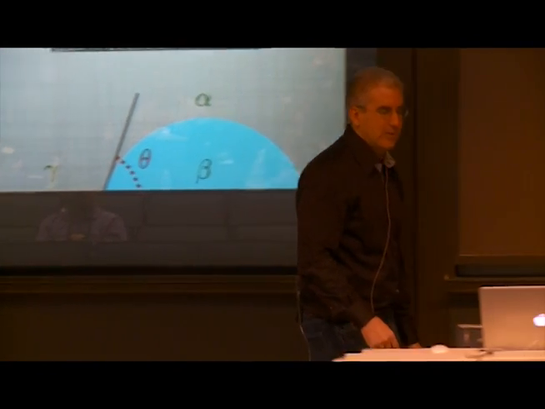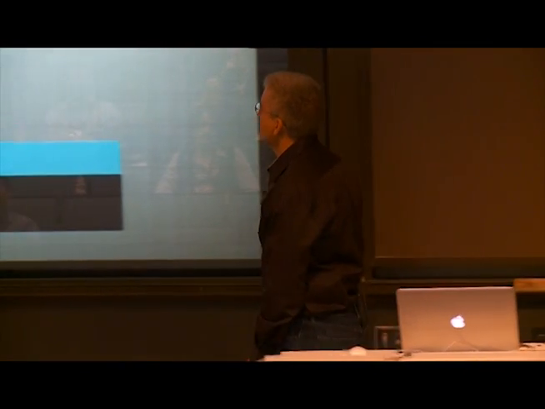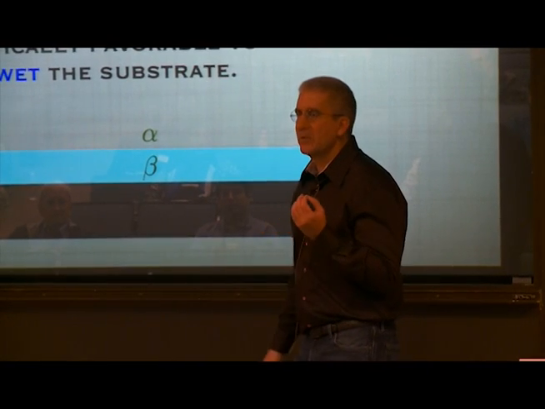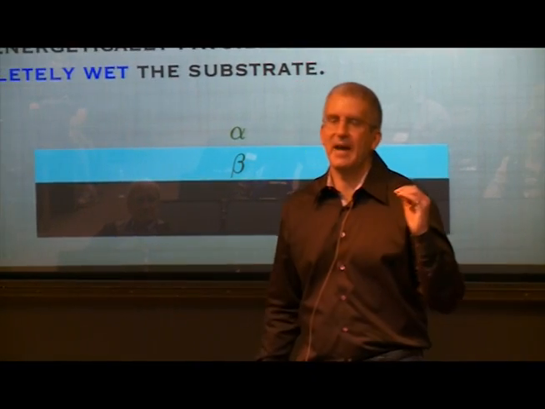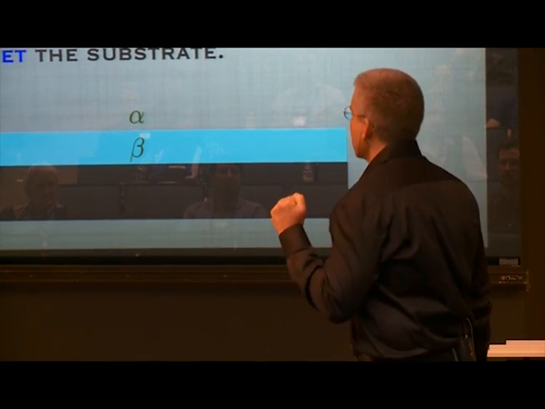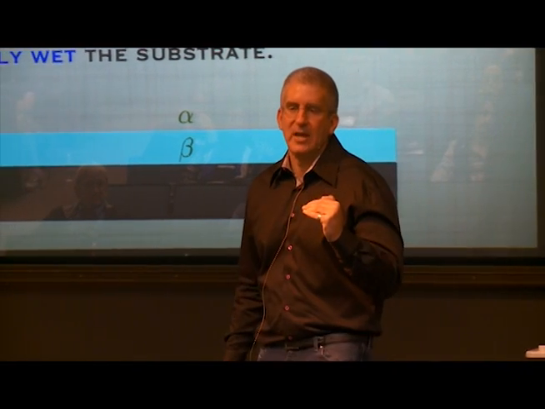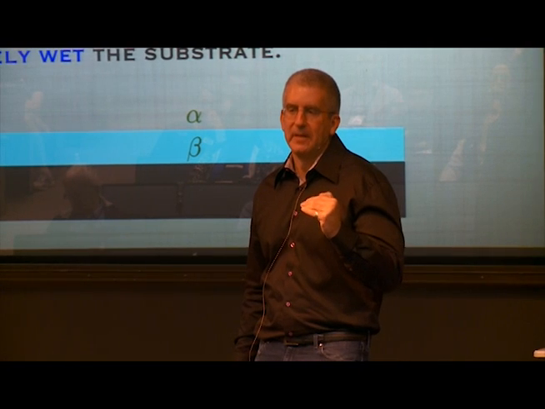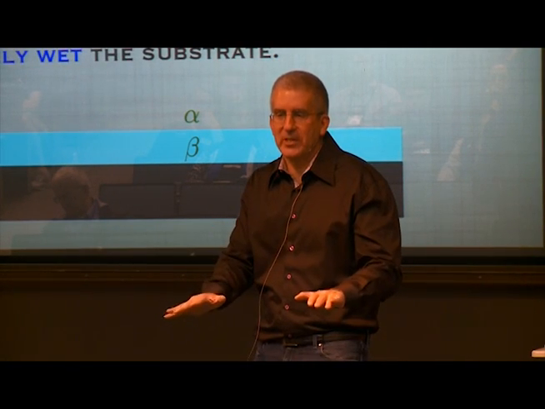Now, there are two other extreme cases. It turns out that if alpha plus beta is less than gamma, this means that having a solid-air interface is much more expensive than having a solid-fluid interface. This is the case of complete wetting. The fluid basically wants to stick to the interface.